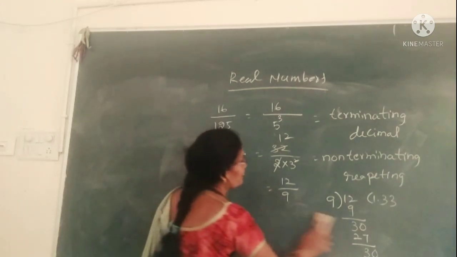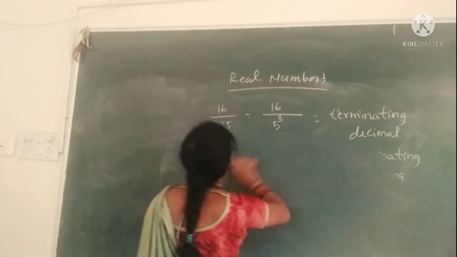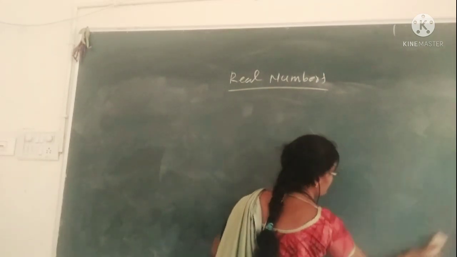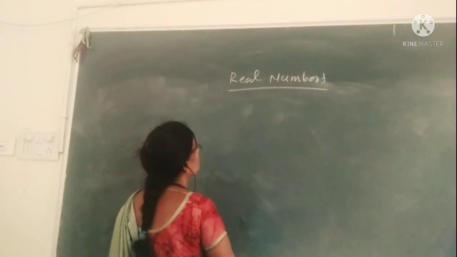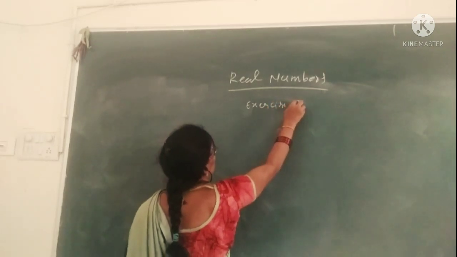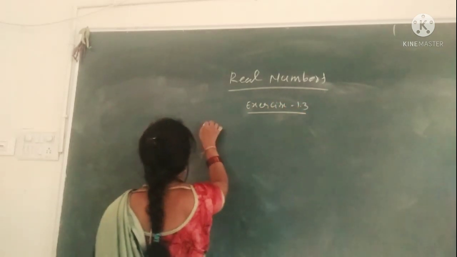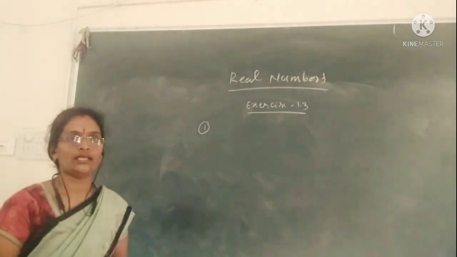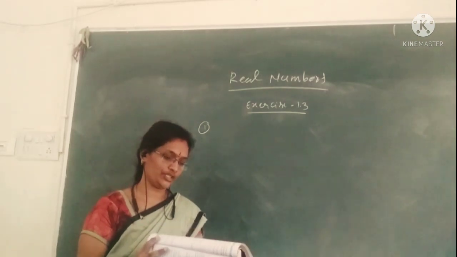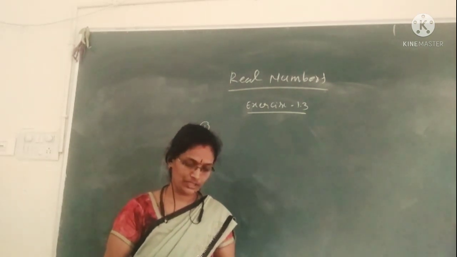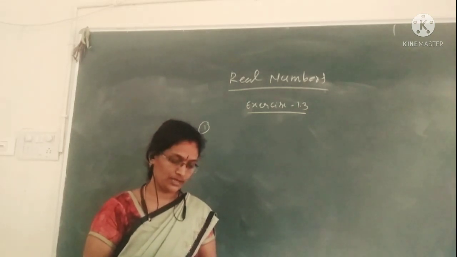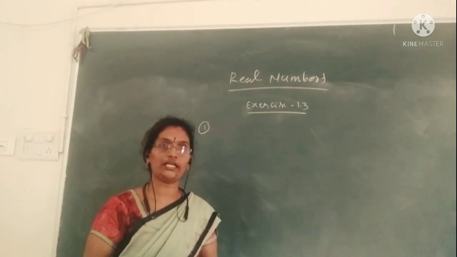So we can discuss the exercise 1.3. Write the following rational numbers in their decimal form and also state which are the terminating decimals and which have a non-terminating repeating decimal.